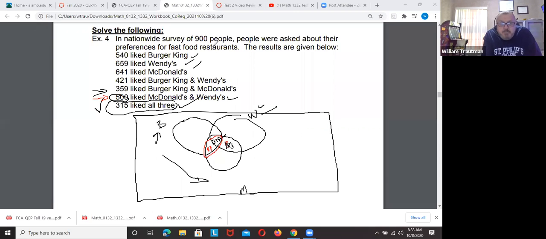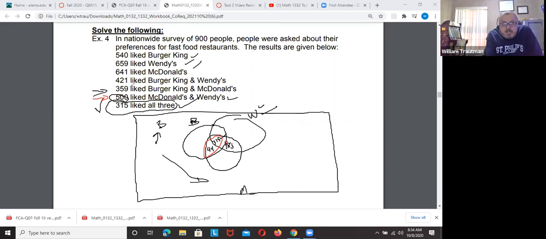So we're putting 44 in this area. That's 44. I really need to learn how to draw these circles bigger. What is it, Burger King? Okay, so 44 goes here.